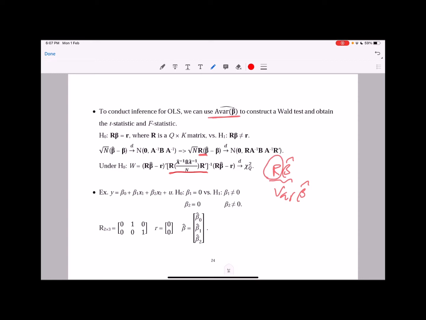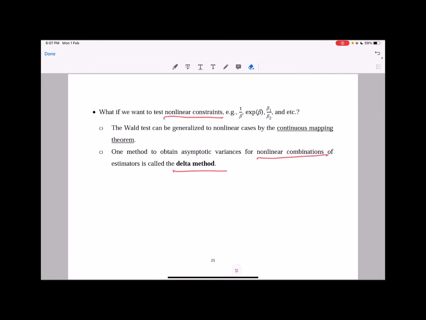If we have a nonlinear restriction, it becomes quite tricky, because you need the variance of a nonlinear function of beta hat. In general, that would be extremely difficult to get, but there's an easier way, called the delta method. The delta method is a very clever way to get the variance for a nonlinear function.